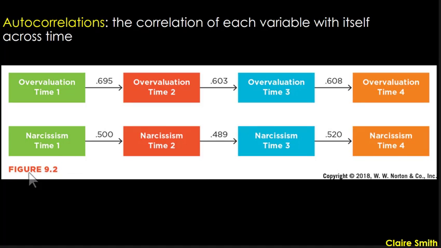Is it kind of consistent? Is it increasing then decreasing? And again, this one doesn't really show too much as far as establishing causality, but it's kind of interesting to see across time for each variable what exactly is happening. So that's an autocorrelation, looking at how each variable changes over time.